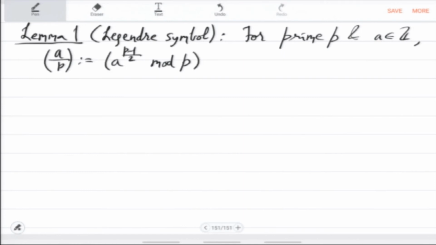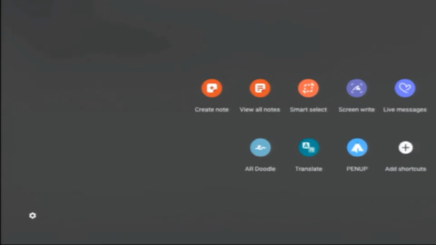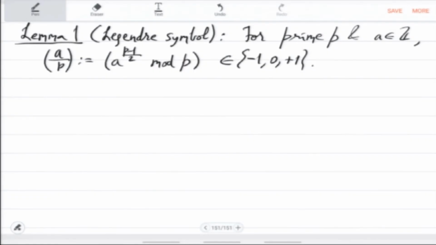This value is either minus 1, 0 or plus 1. If A is 0, it is 0, but if A is a square, then this is 1. If it is not a square, it is -1. This is called the Legendre symbol.